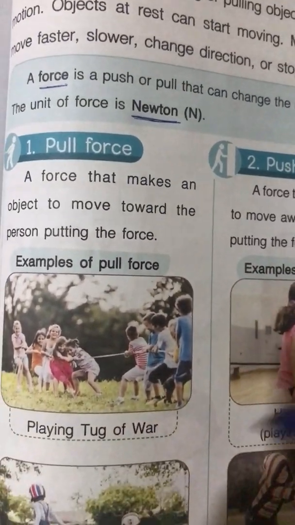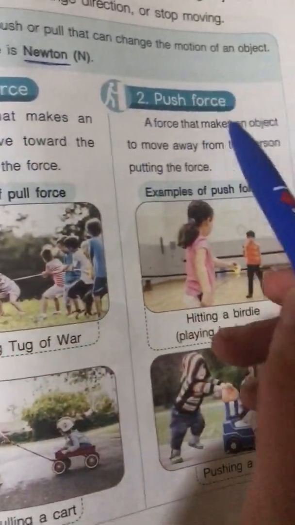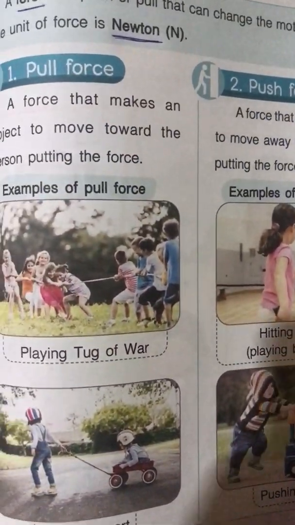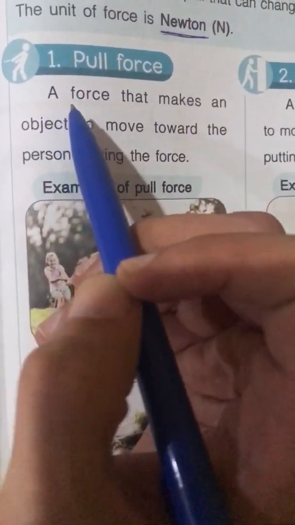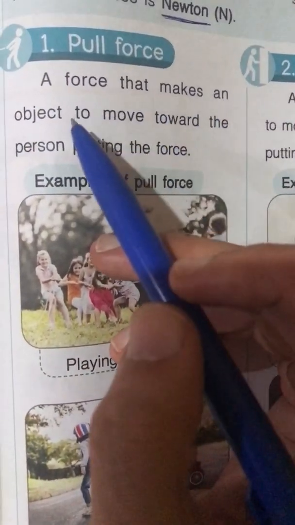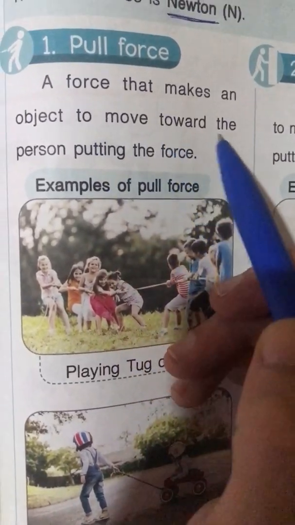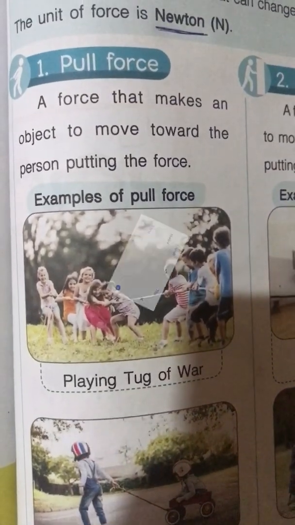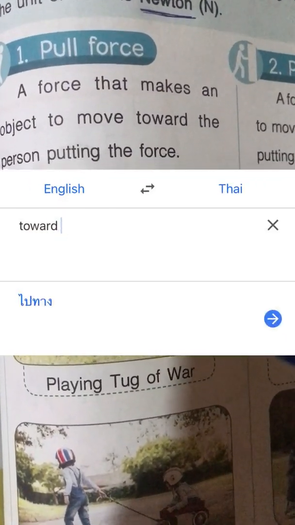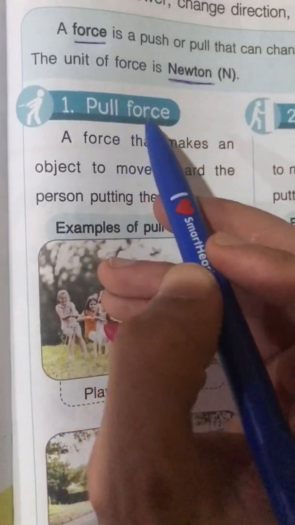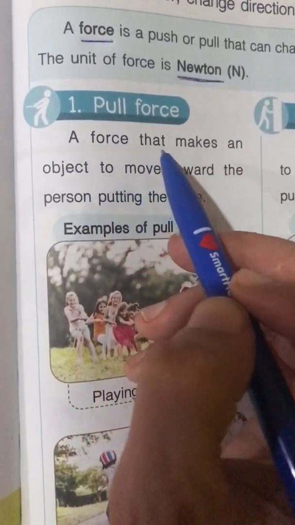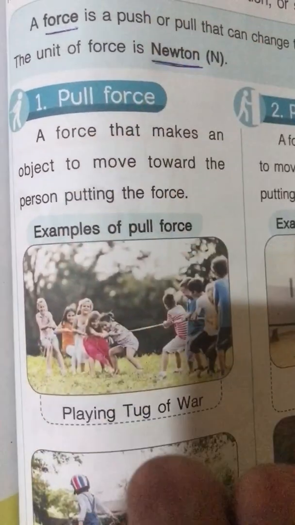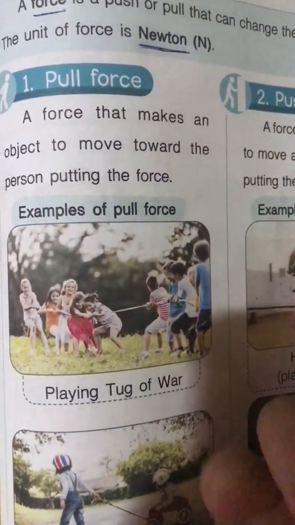Very good. Let's talk about pull force and push force. What is the pull force and what is the push force? Pull force is a force that makes an object move toward the person putting the force. What is the meaning of toward? Look here. Very good. Read again. Pull force is a force that makes an object move toward the person putting the force.